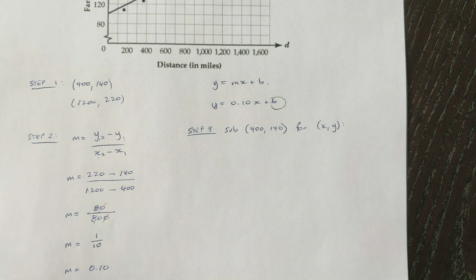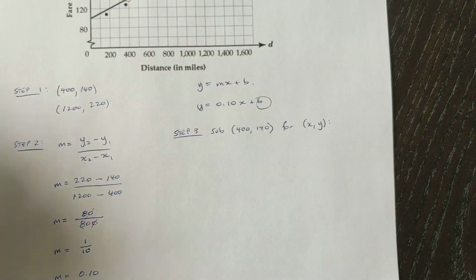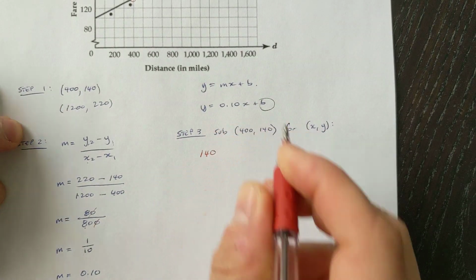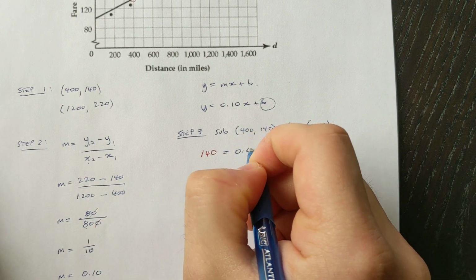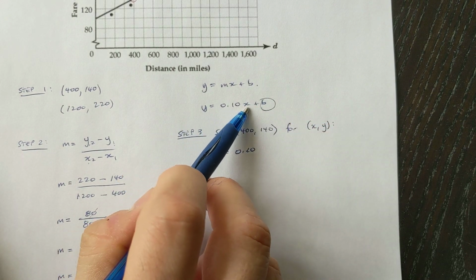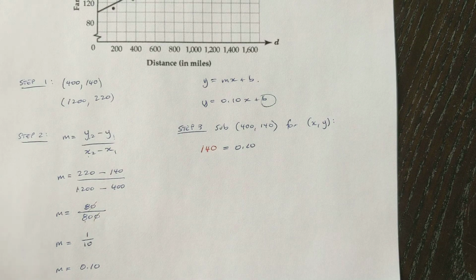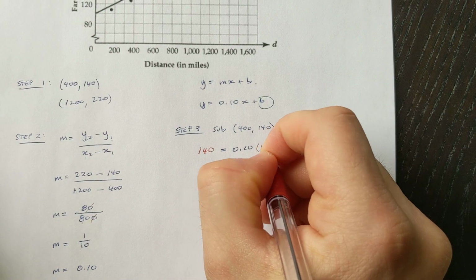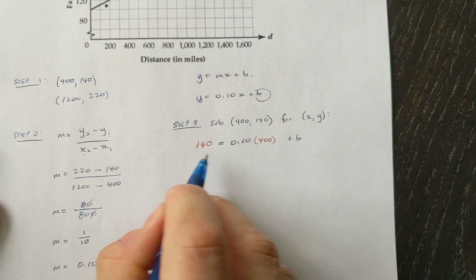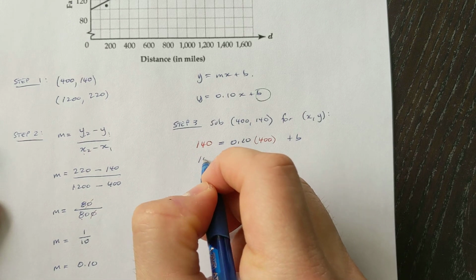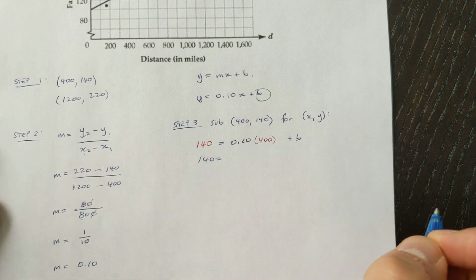And so y will be 140, is equal to the slope 0.10 times x. X is 400, plus b. And I need to solve for b. So I'm going to simplify that a little bit. 140 is equal to 0.1 times 400.